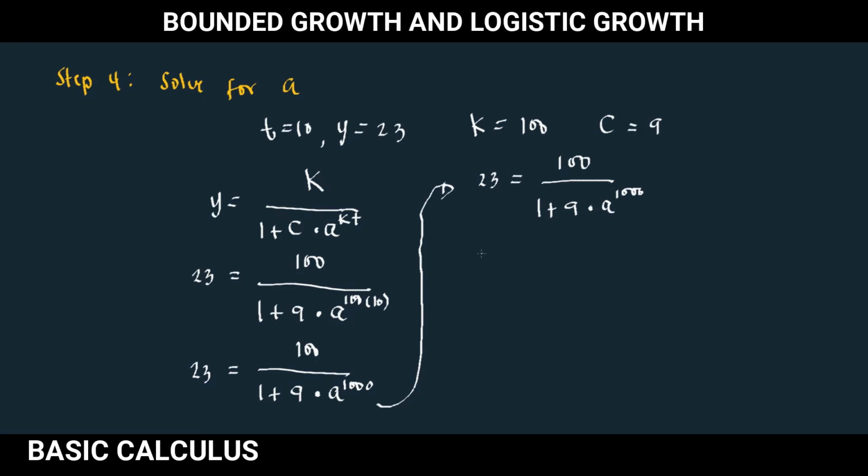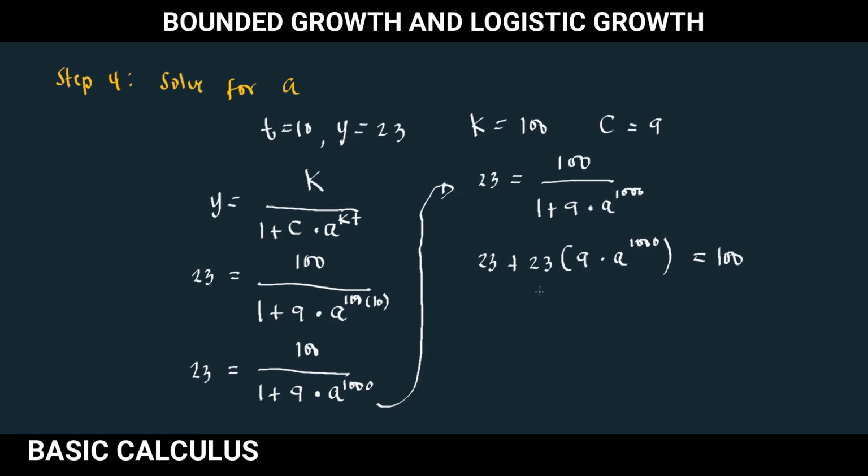So we have 23 plus 23 times 9 times A raised to 1000 equal to 100.